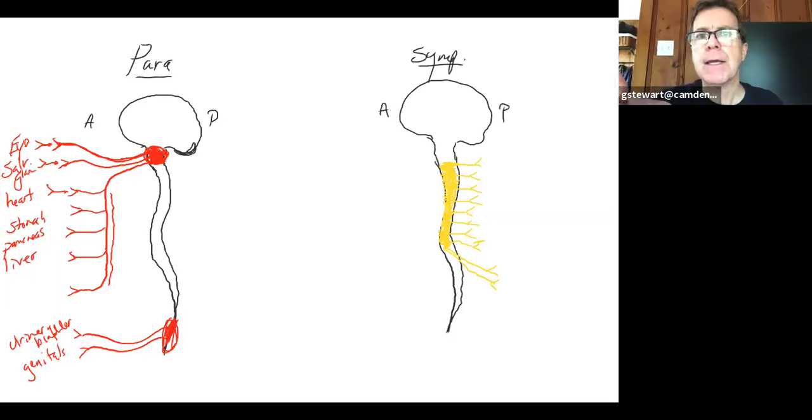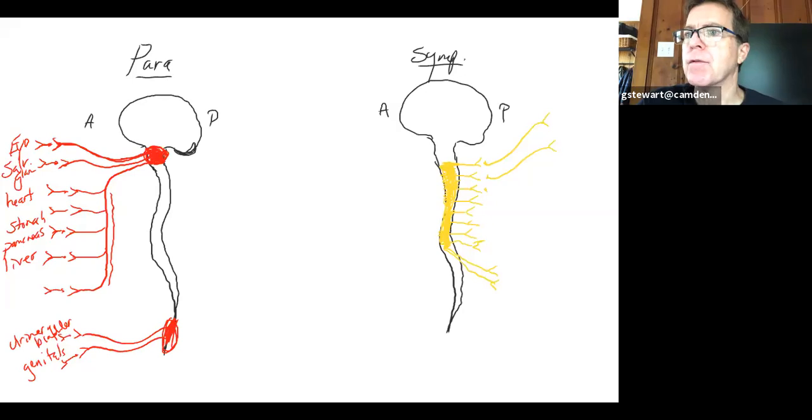Now what I'm drawing is this two-part chain, and there's also a difference to recognize. In the parasympathetic system, the preganglionic fibers are very long and the postganglionic fibers are very short. And it's the complete opposite over here on the sympathetic nervous system. The preganglionic fibers are very short. The postganglionic fibers tend to be very long.